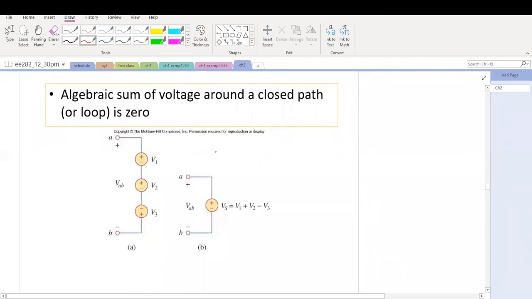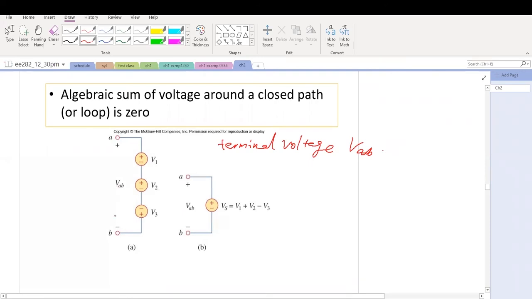Let's look at another example of using KVL to figure out terminal voltage. This is a terminal voltage, VAB. This has always been a confusing part.